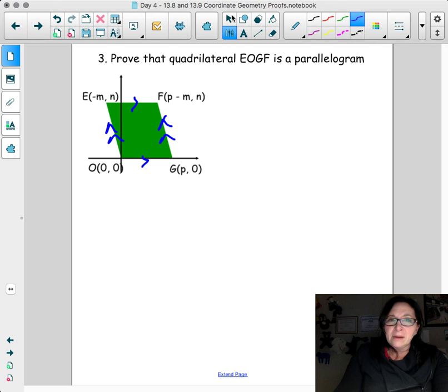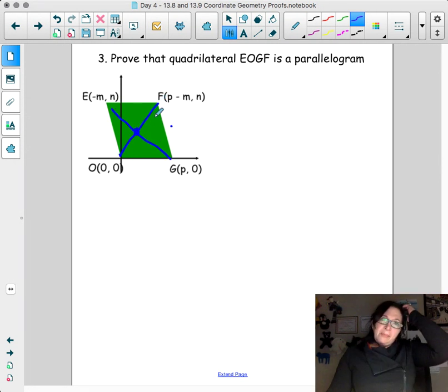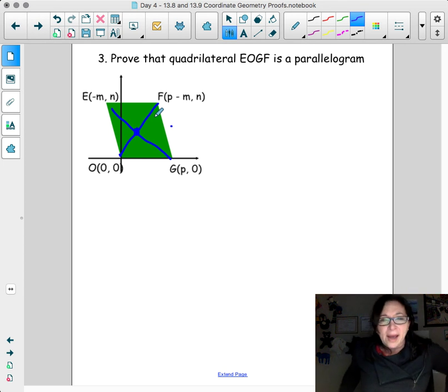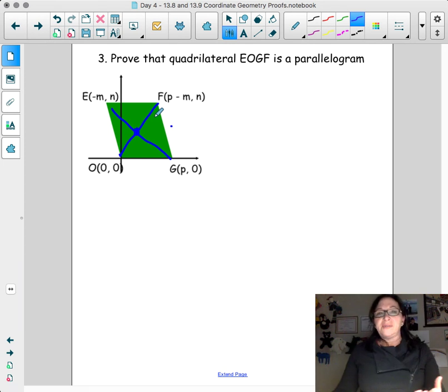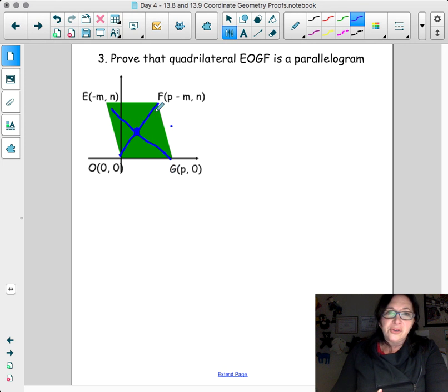Another thing I can do is prove that my diagonals bisect each other, and I could do that by finding the midpoint. So you actually have so many options. You just have to decide, what do you want to do?